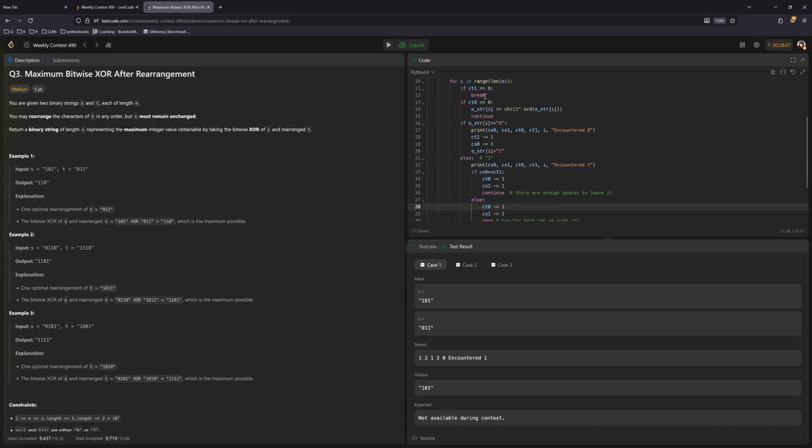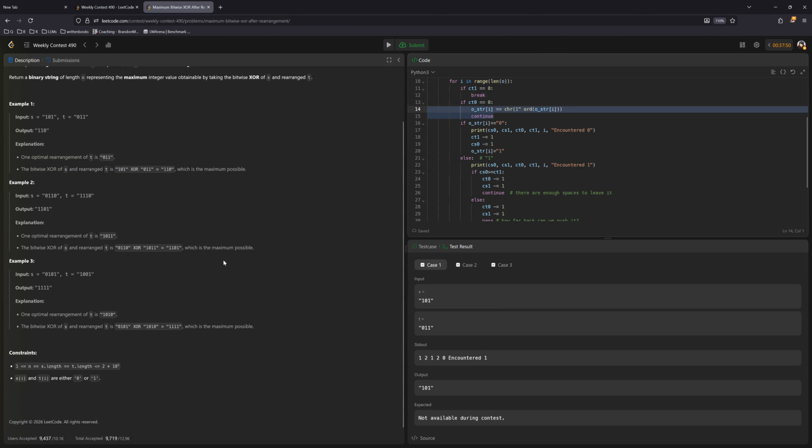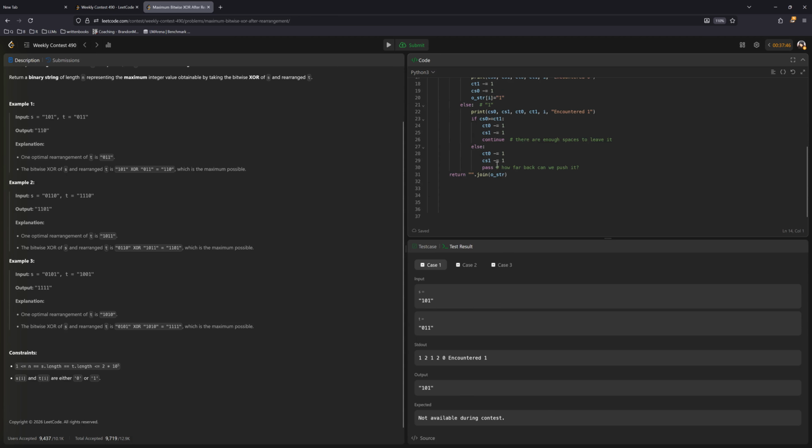I don't think we can break. If CT of 1 equals 0, then nothing else can change. That is correct. If CT of 0 equals 0, then everything has to change. We don't have a choice. Can I split on this?